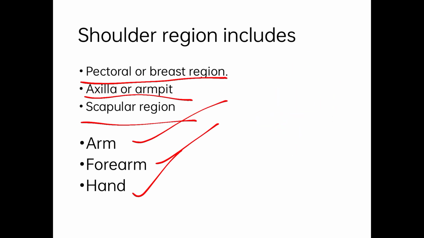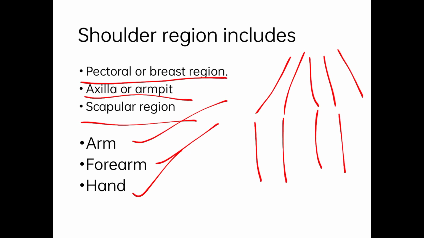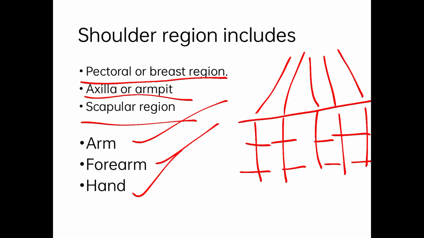Then the phalanges form metacarpophalangeal joints. Now these are metacarpals. Here are phalanges. This is the knuckle area. Phalanges also we have distal and proximal. These are all proximal. Here will be distal phalanges. But the thumb consists of 2 phalanges and the other 4 fingers consist of 3 phalanges.